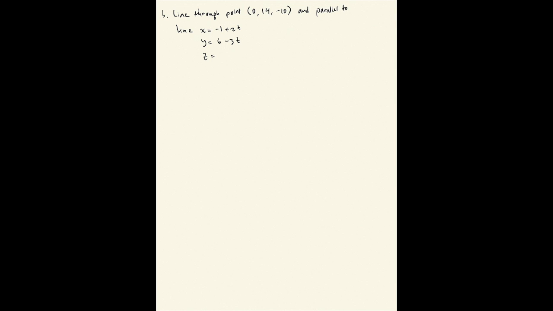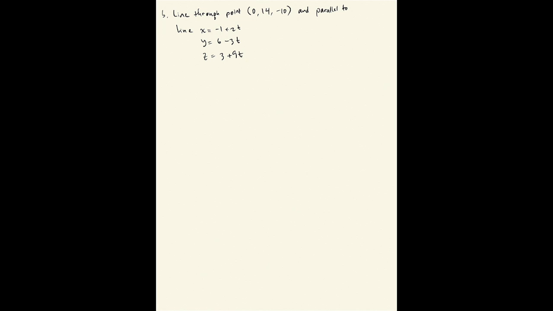So the same questions: finding the vector equation and finding the parametric equations. But can you solve this one? It's not really a direct question, so you need to find out. The line goes through a point and is parallel to a line. So what are we finding?